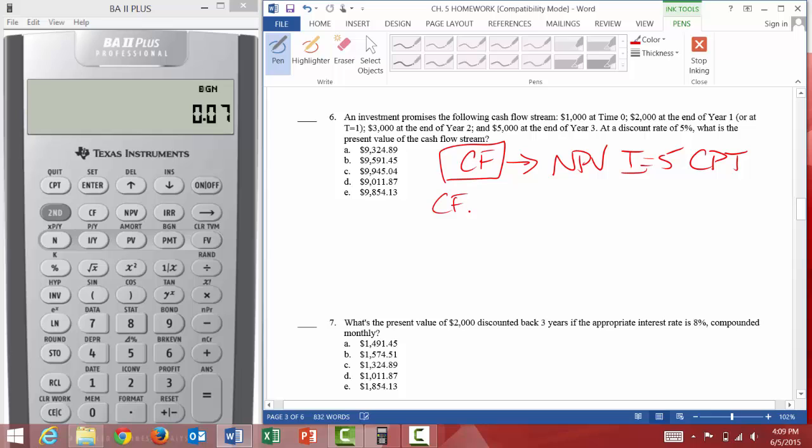So just like you're saying, cash flow 0 is 1,000, cash flow 1 is 2,000, cash flow 2 is 3,000, and cash flow 3 is 5,000.